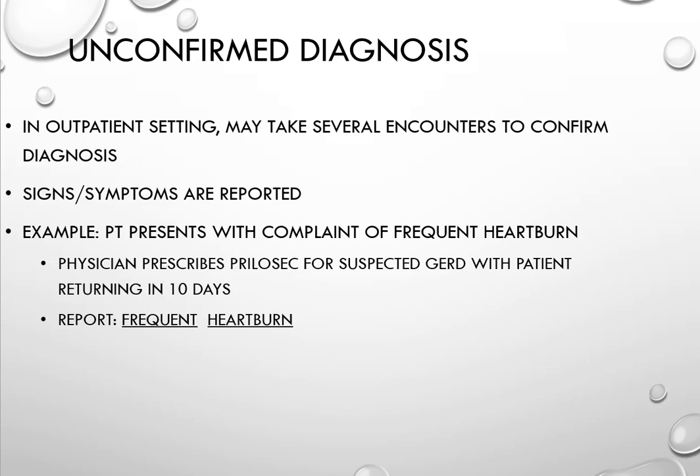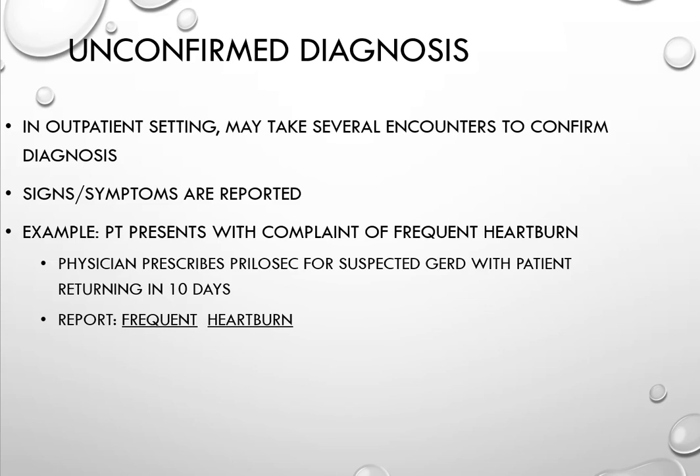For example, if you have a patient that presents with the complaint of frequent heartburn, the physician might prescribe Prilosec because he's thinking that the patient probably has GERD, and maybe we'll have the patient come back in 10 days and see if that helped. But our diagnosis code for this visit is going to be frequent heartburn.